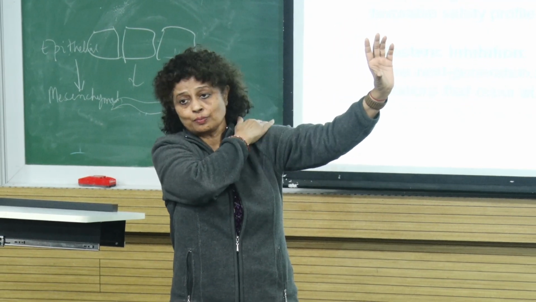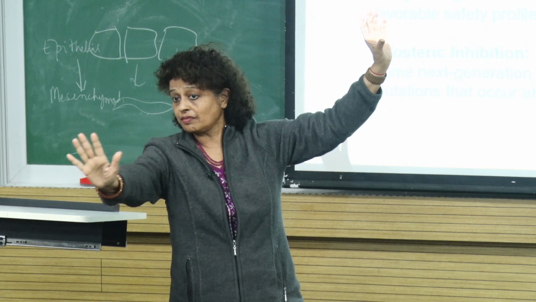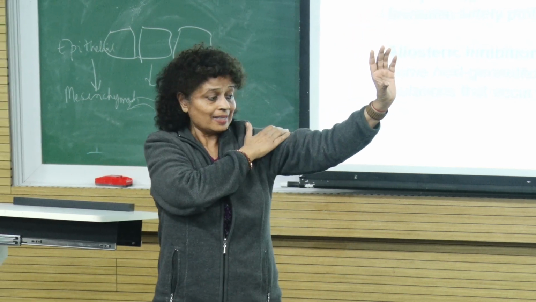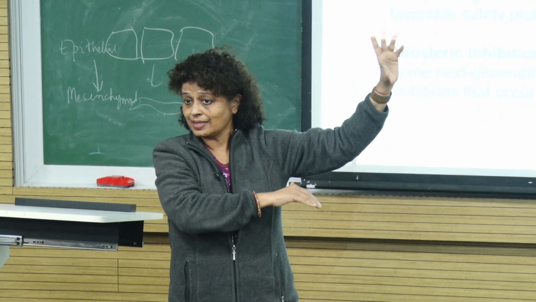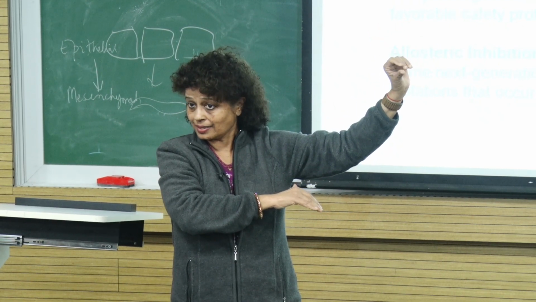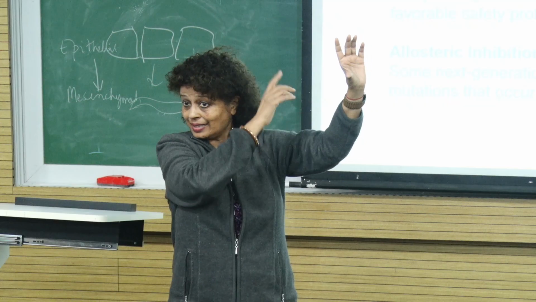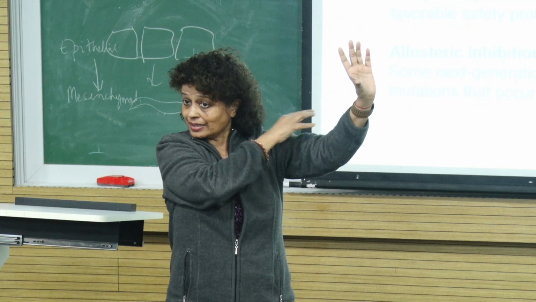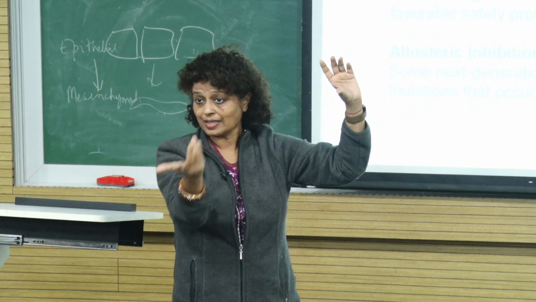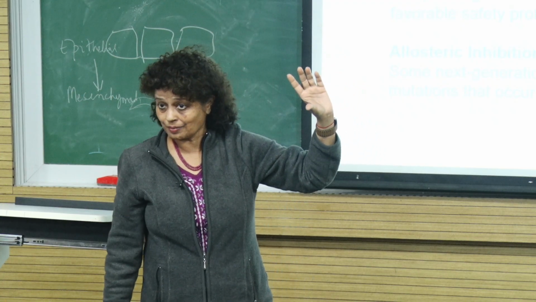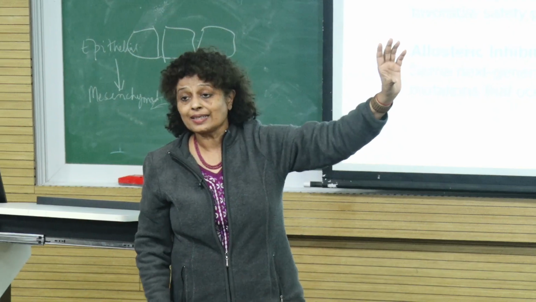But these two parts are not part of this, they are very far apart. But binding here or here is controlling whether it is turning on or off, right? So that is allosteric. It's not in the active site, it is further away, but this binding is changing the conformation of the enzymatic active site. Is it making sense? So that is allosteric.